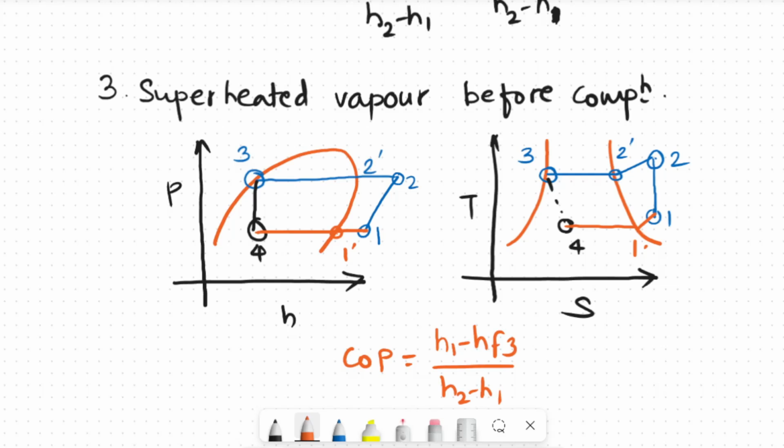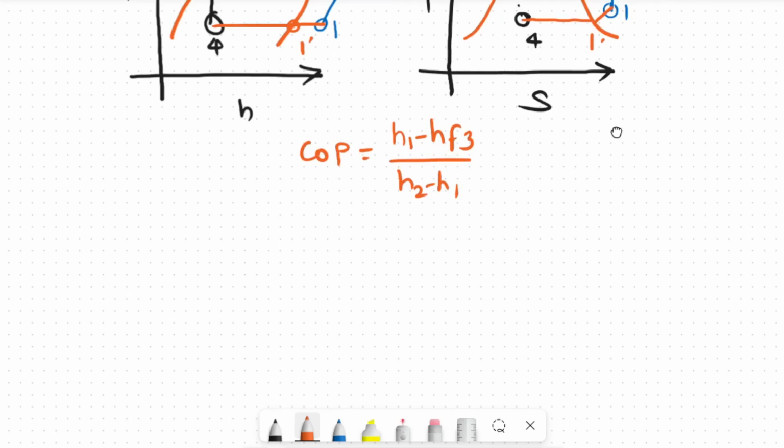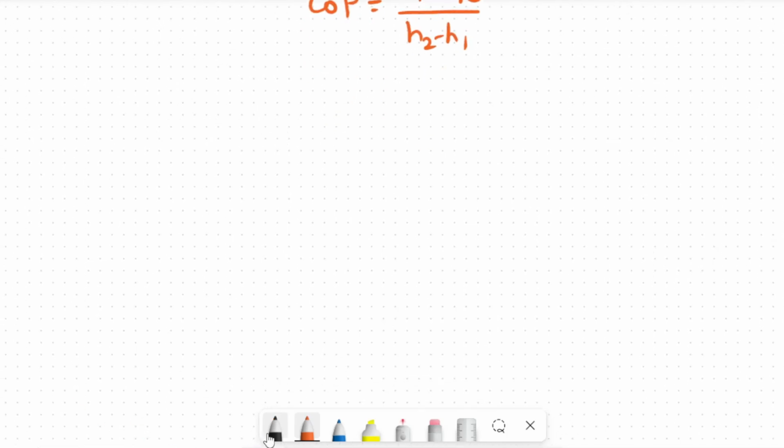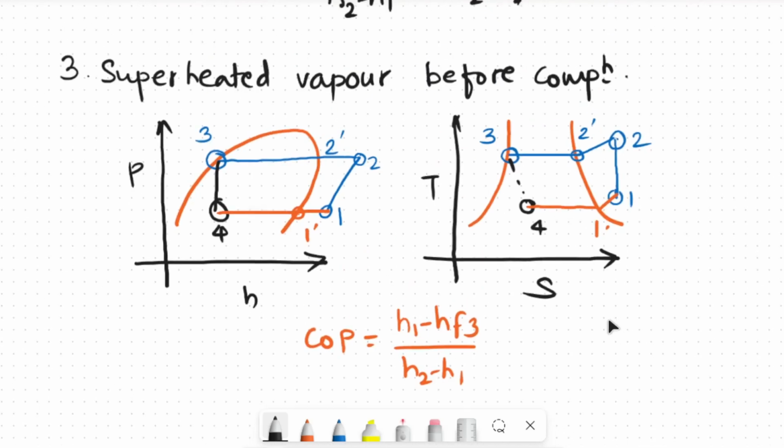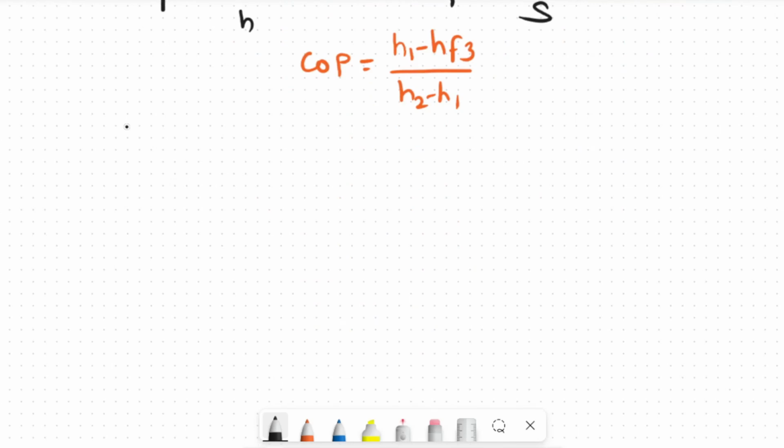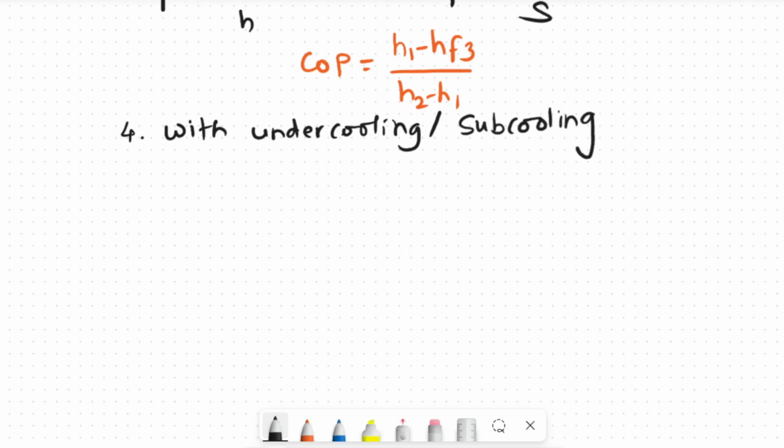Now, friends, there is one process which is called undercooling or subcooling. So, the fourth cycle is the vapor compression cycle with undercooling or subcooling.